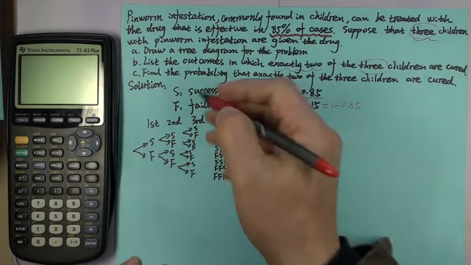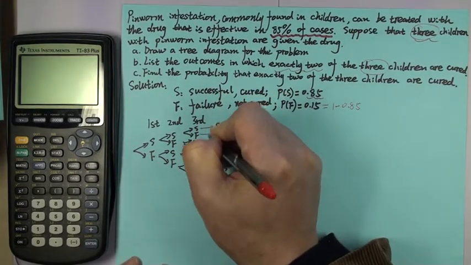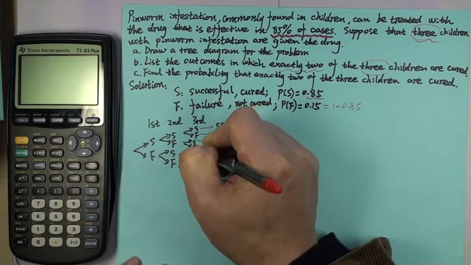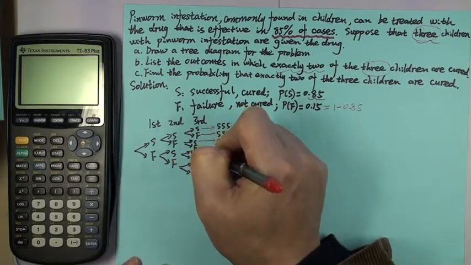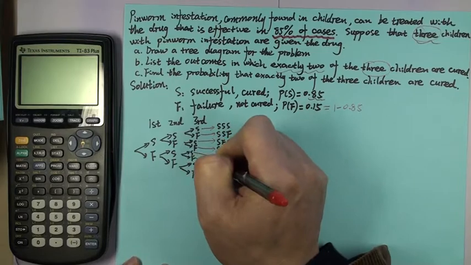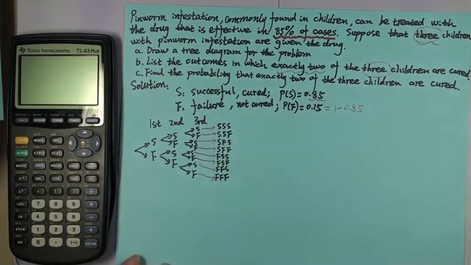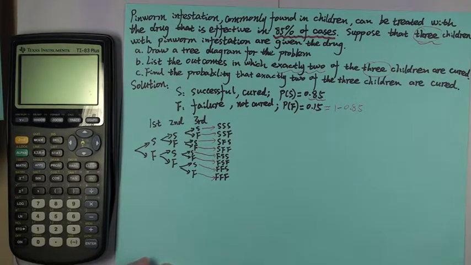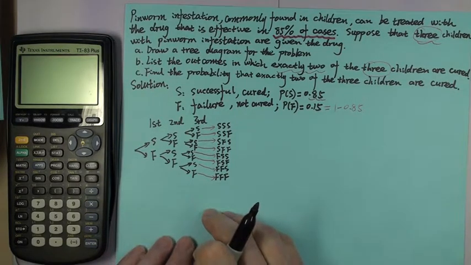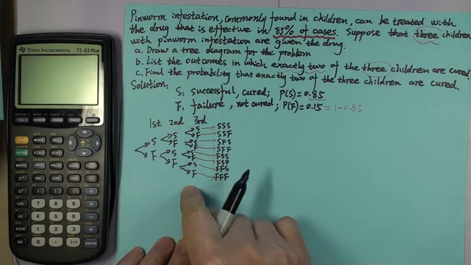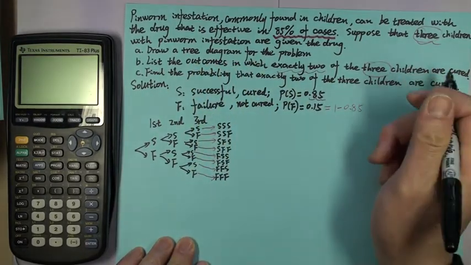There are 8 cases. So this is the tree diagram.